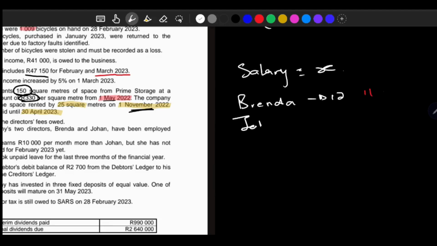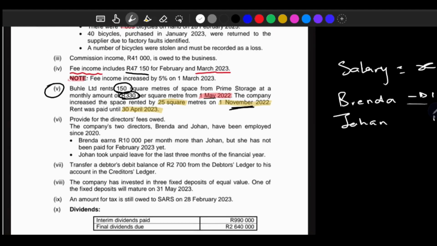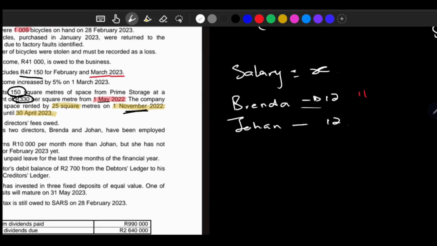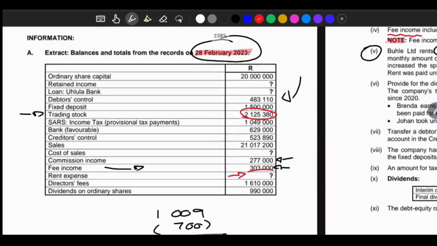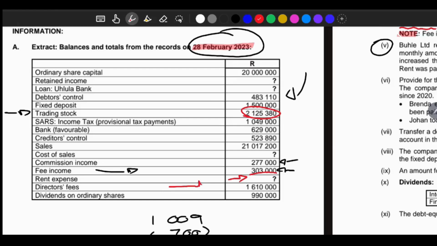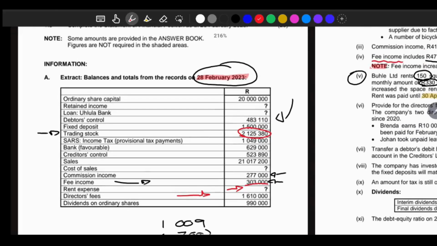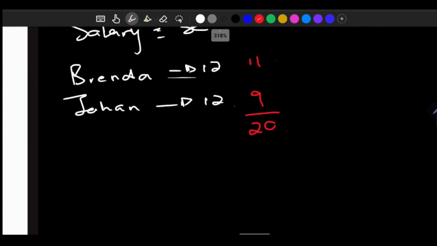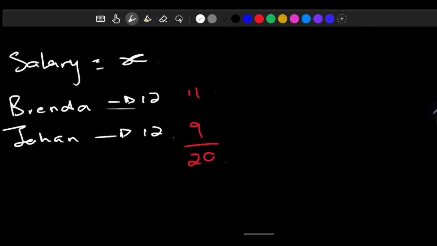Johan is also supposed to receive 12 months salary, but in his case he took unpaid leave for the last 3 months, right? Unpaid means we don't pay him for not showing up to work, right? So there is 9 months, right? So in total they both worked 20 months. And this is important because we need to know how much we are allocating for this director's fees, right? So 1,610,000. Now we begin answering it. 1 million, let me do it on the side.